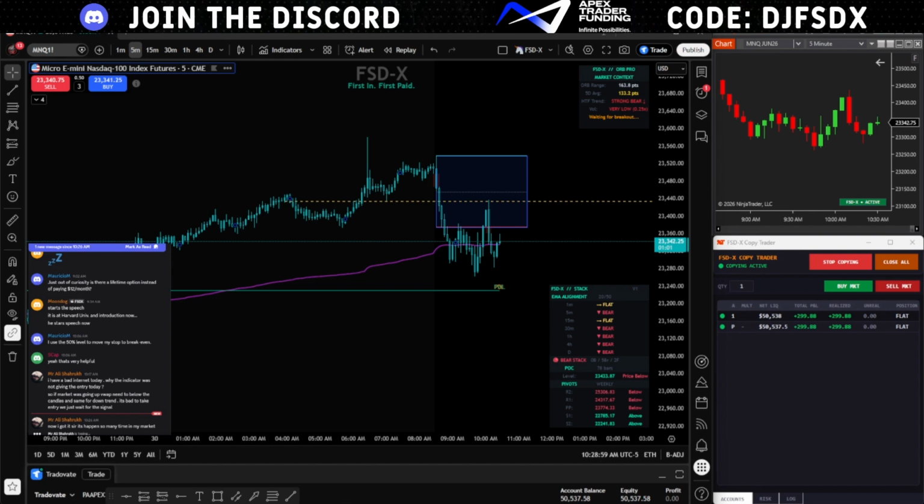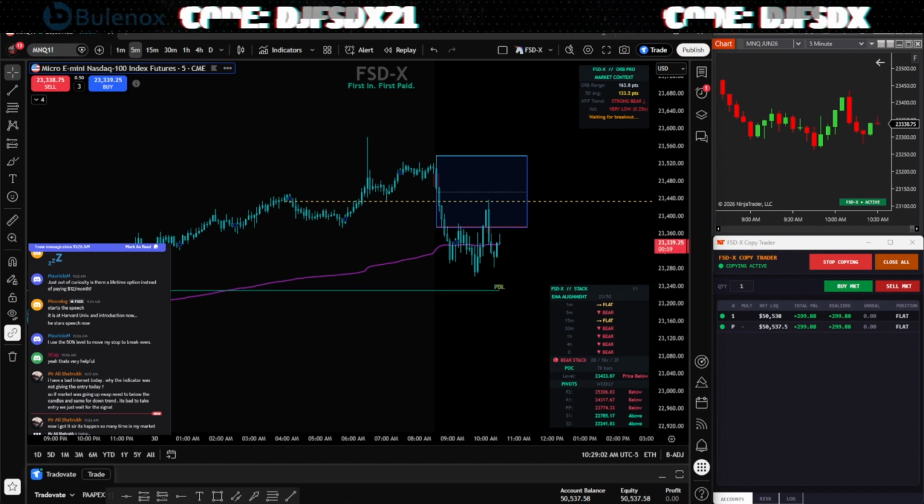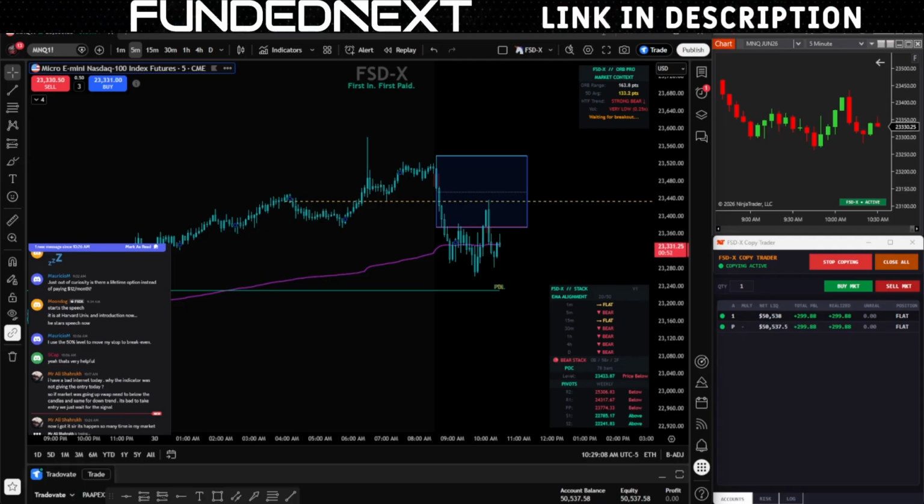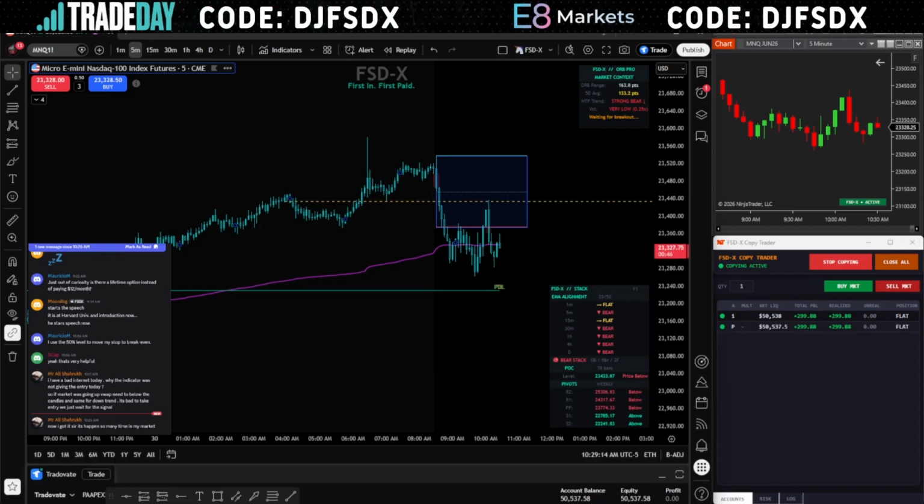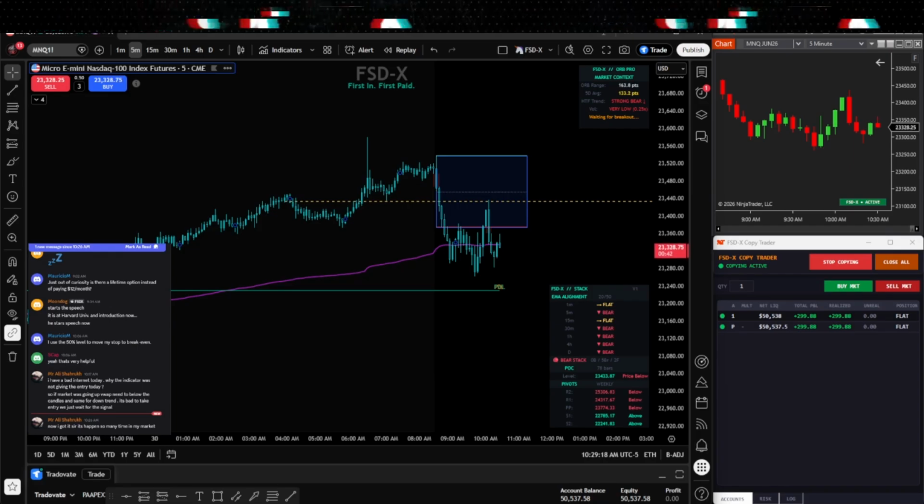Obviously we can look at the data, but in live price action it's a little different and hard to judge. It's easier to see the markets in replay than as you're trading them.